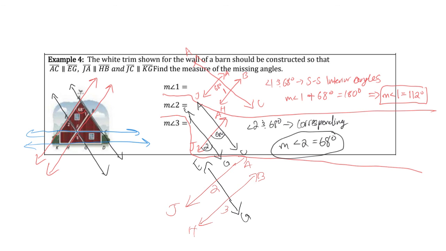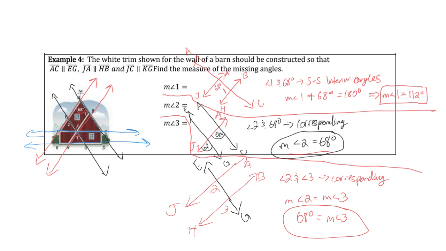Angle 2 and angle 3 are both in the bottom left of the two parallel lines, so they are corresponding, and that means they're equal. So the measure of angle 2 equals the measure of angle 3. We know the measure of angle 2 is 68 degrees, so the measure of angle 3 is 68 degrees.